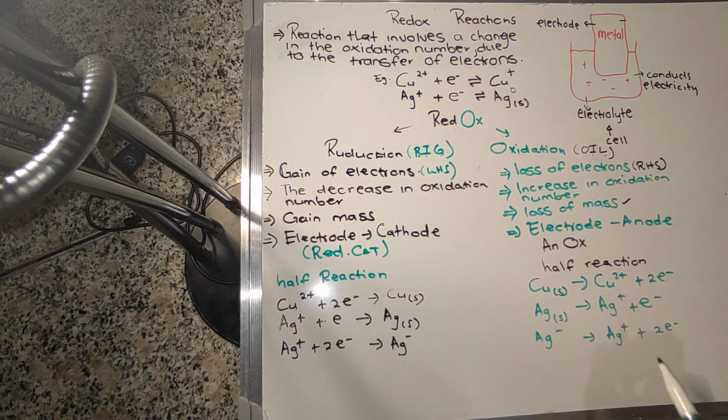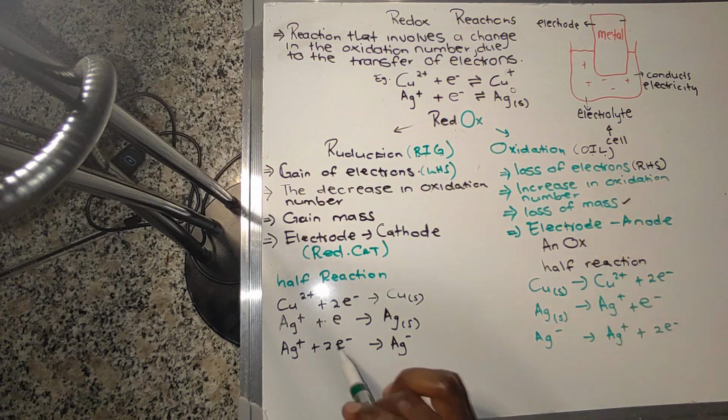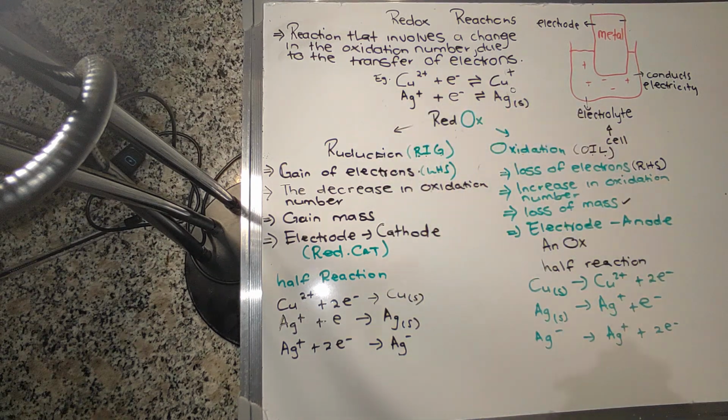As we said, electrons on the right hand side represent the loss of electrons, which is the definition of oxidation, and electrons on the left hand side represent a gain of electrons, which defines reduction.